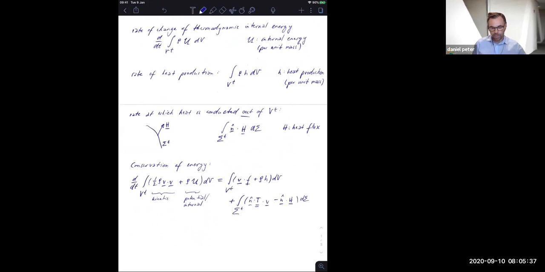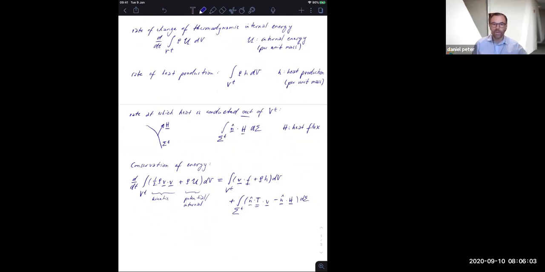So by now, probably you see what we're going to do. Instead of having this surface integral, we want to have a volume integral. For that, again, we apply Gauss theorem. So these quantities you see inside the surface integral, we take the divergence of these quantities and can write them as a volume integral.